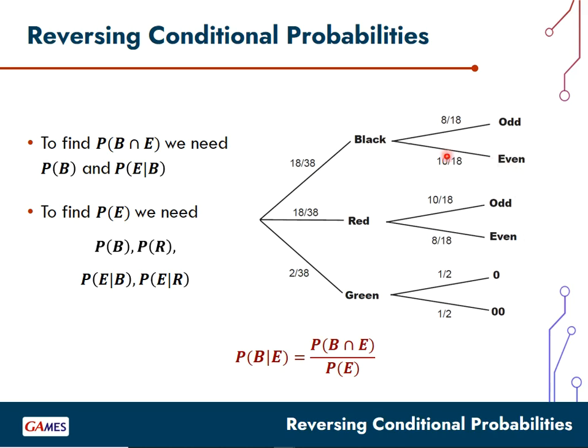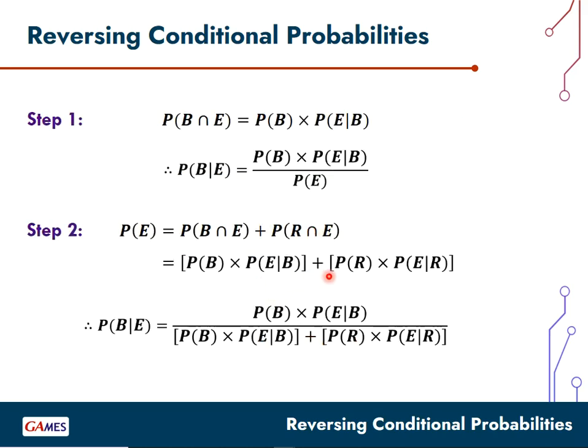Then we multiply this conditional probability 10/18 by this prior probability. We'll go to the second case, look at the branch where E occurred again, and multiply the conditional probability here by this prior probability. That's essentially what we're doing here.